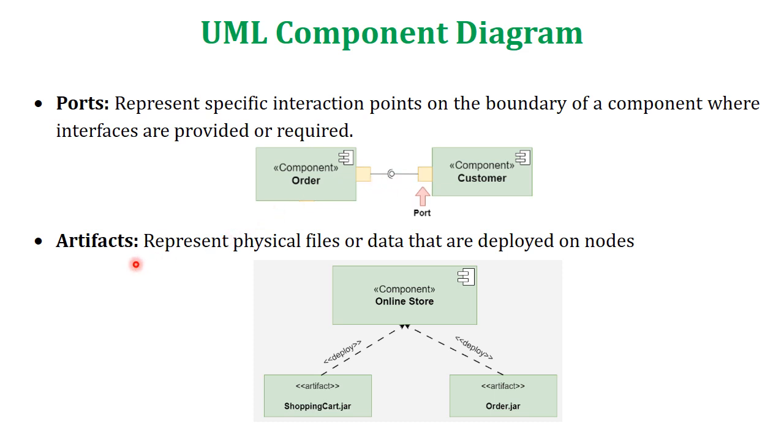And next one is the artifact. It represents the physical file or data that is deployed on the nodes. Here the online store is one of the components, then the shopping cart jar file and the order jar file are the artifacts, associated with the online store.